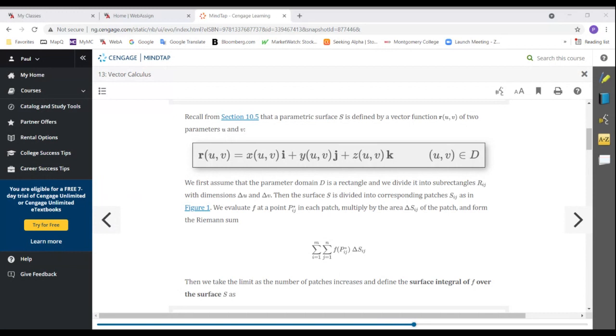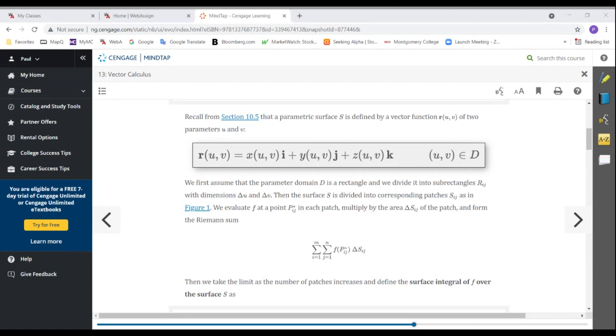As u and v vary, the vector moves, and it can actually scratch out a surface. So that's why we say a surface is represented by a vector function of two parameters.